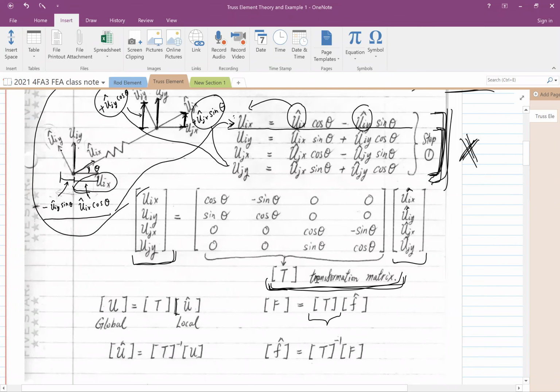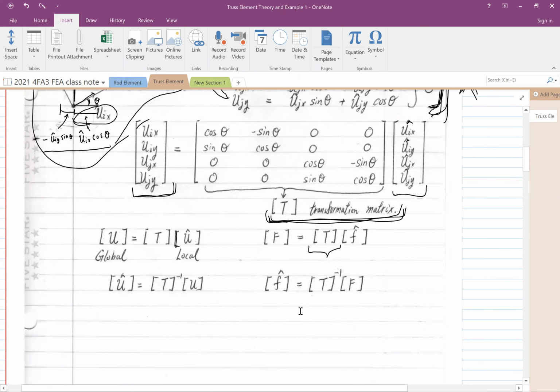So this transformation matrix is so powerful. It can convert the force vector into a different reference frame as well. If I invert that, then I can transfer anything without a hat to with a hat with an inverse matrix, right? Let's do some matrix multiplication.